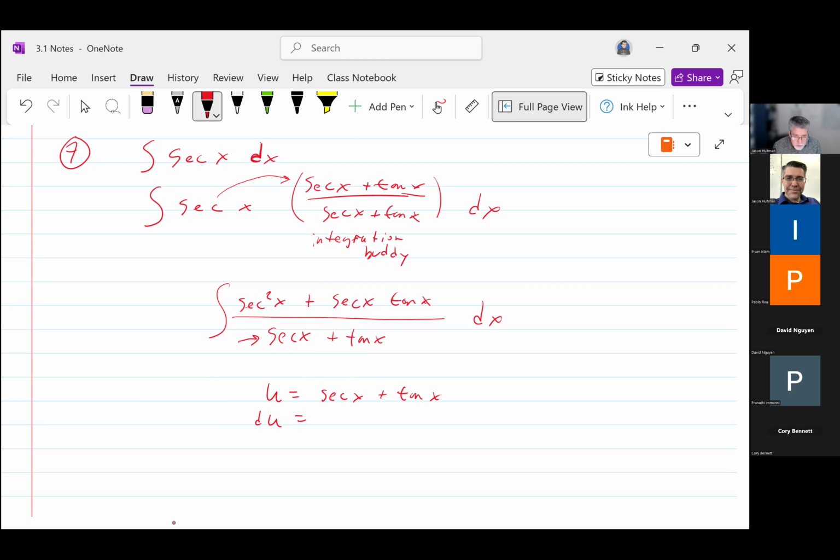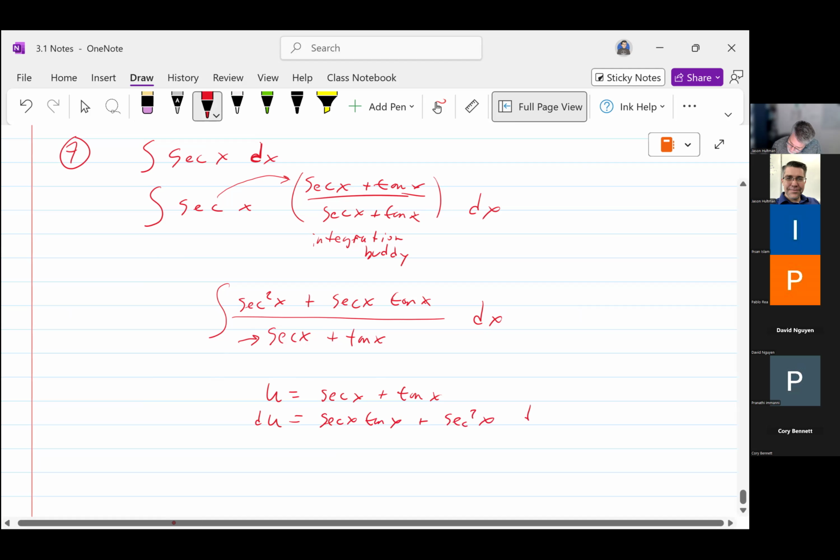The center holds in the universe. So du is equal to secant x tangent x plus secant squared x dx. And that's exactly what I have on the top.